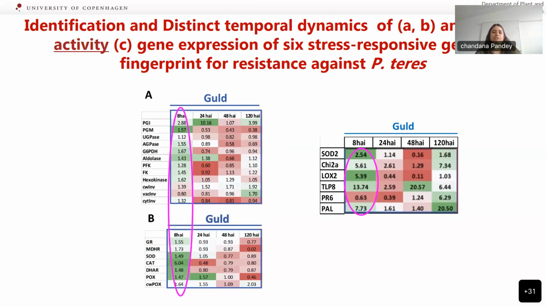And further we tested the different genes involved in the defense mechanism, and we found the same kind of pattern. It is also very interesting to see how robust the enzyme activity is, because we know the gene changes its response very fast, but still we see the correlation from gene to enzyme. So that was also a very interesting finding.